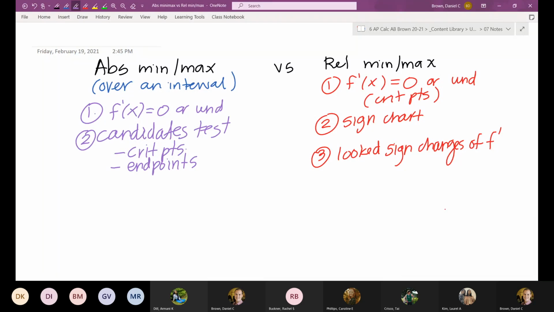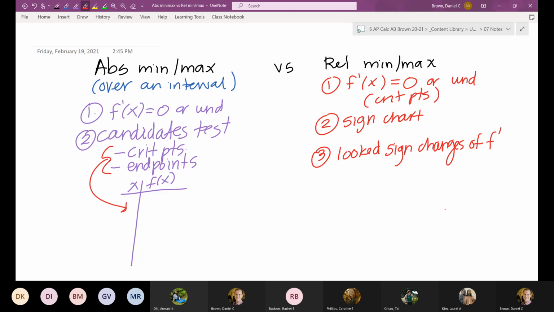And basically it's like a t-chart, and you'll have your x values and you're plugging them into the original function. The critical points and endpoints are going to be your x values, and you plug them into the original function, and then just visually look for the highest value, and then visually look for the lowest value.